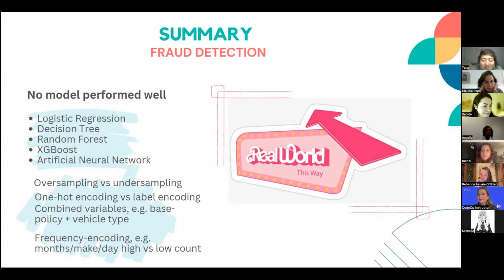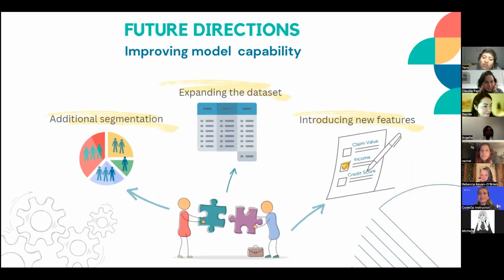In the future, as a future direction, we would probably have to regroup with the stakeholders and check the quality of the data collection, perhaps discuss introducing new features. We did a little bit of brainstorming and decided it would be good to have things like the value of the claim, the income of the driver, maybe credit score, or whether they had a dash cam recording available during the time of the accident.